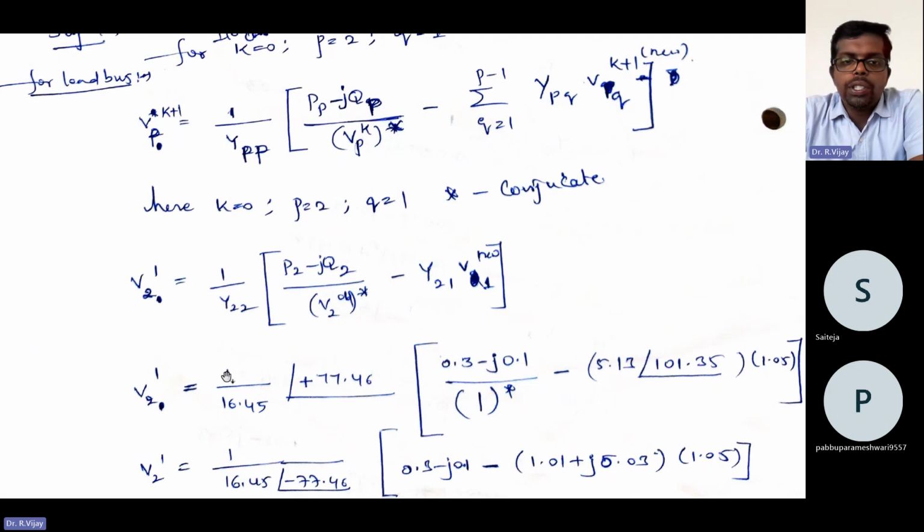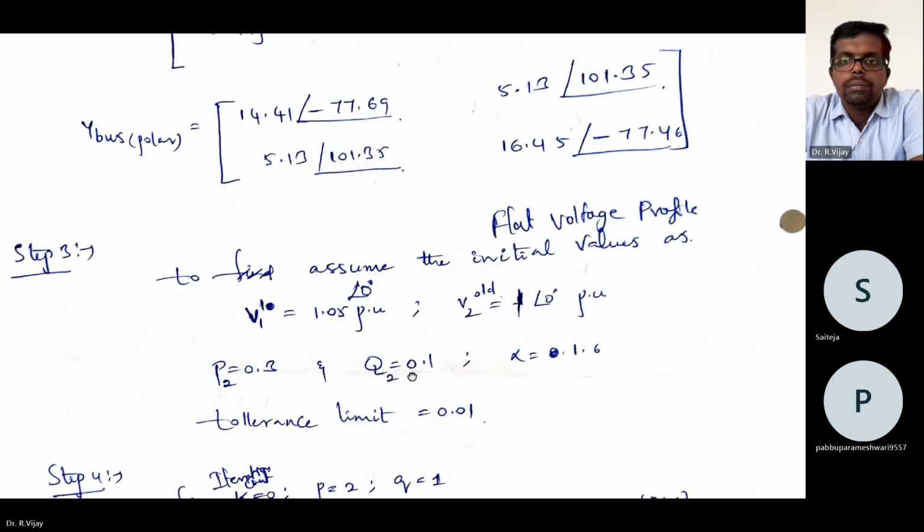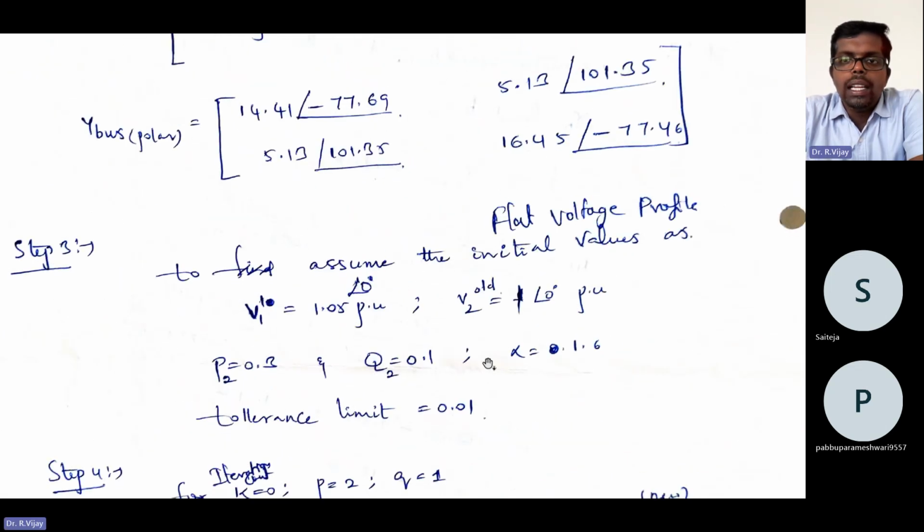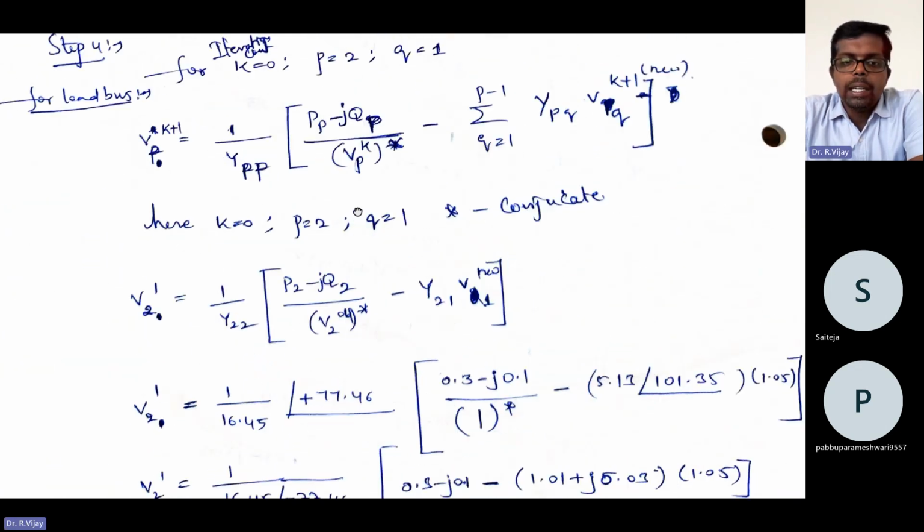Here you substitute 1 divided by the Y22 value. The Y22 value is 16.45 at the angle of 77.46, as mentioned above. Next, P2 you need to substitute minus j into Q2.